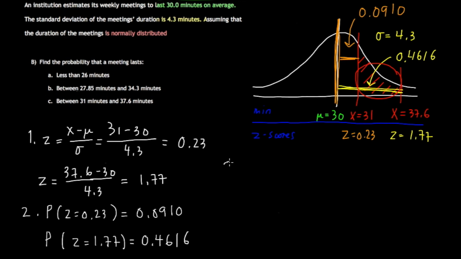In our step 3, I'm just going to write out the mathematical interpretation. So this is that our x is greater than 31 minutes and smaller than 37.6, which is the same thing.